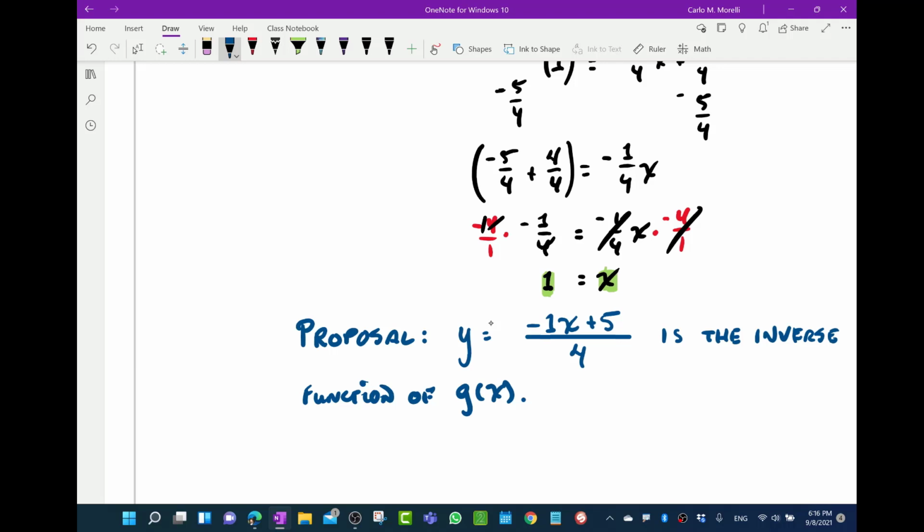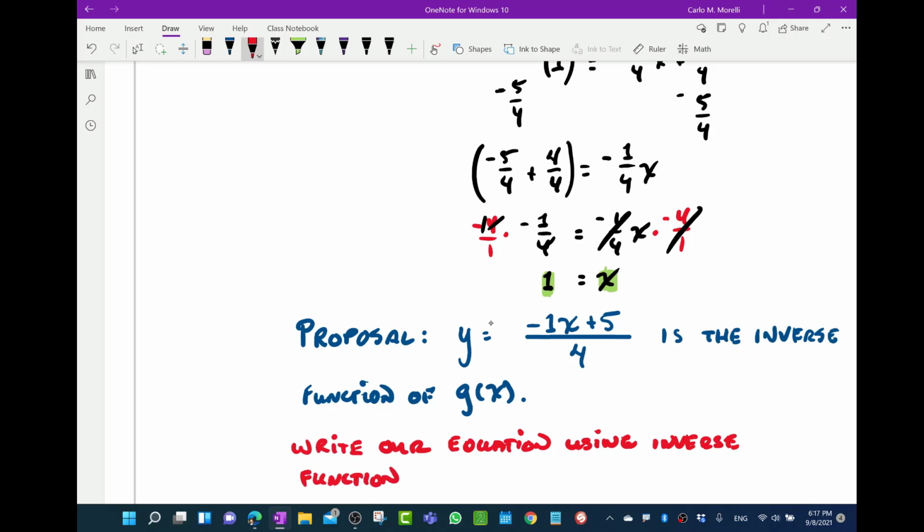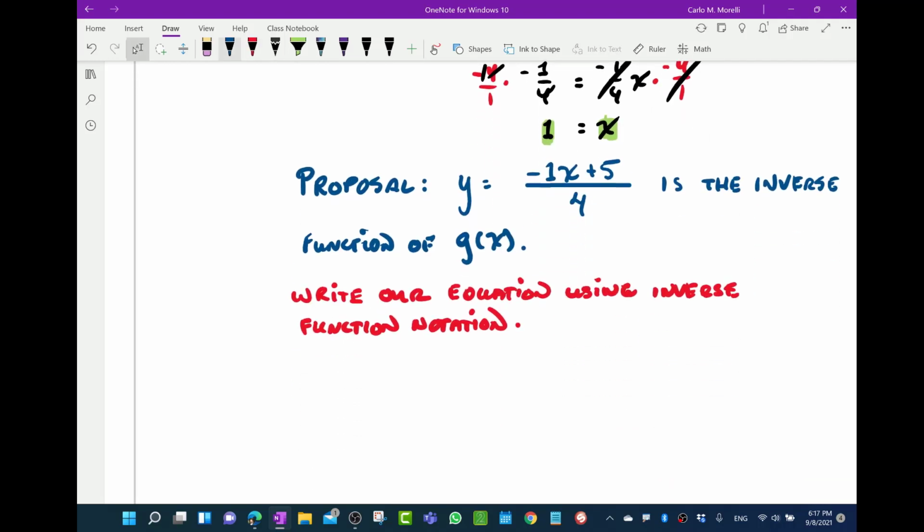So we can write this in inverse function notation. So now we can write our equation using inverse function notation. Okay, so here's that inverse function notation.